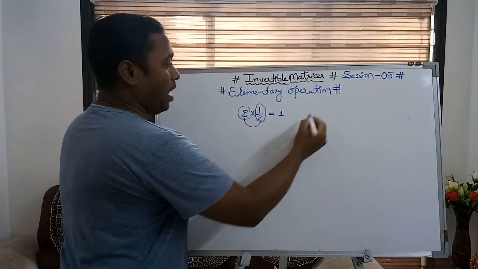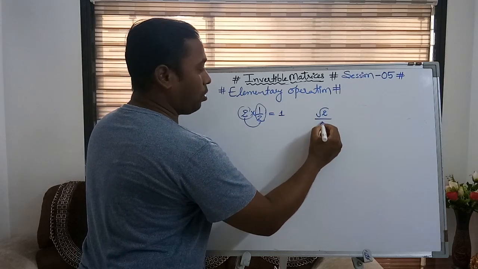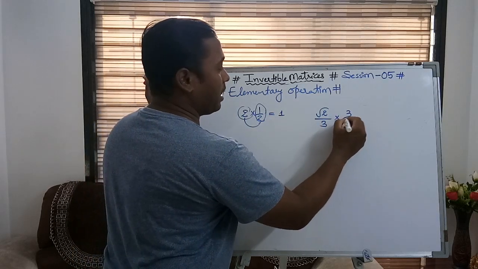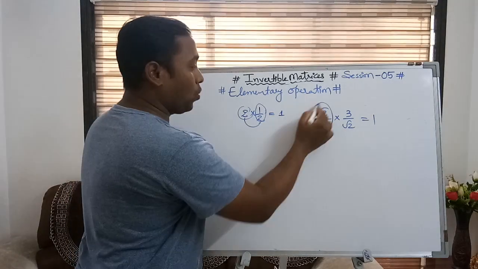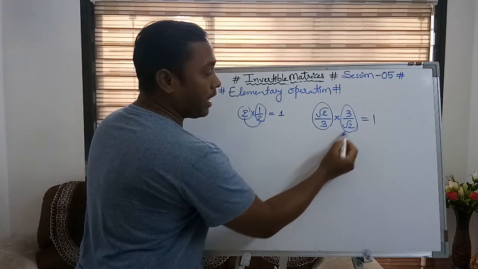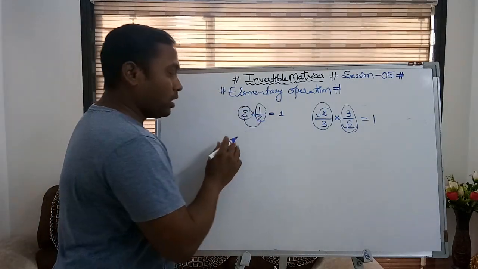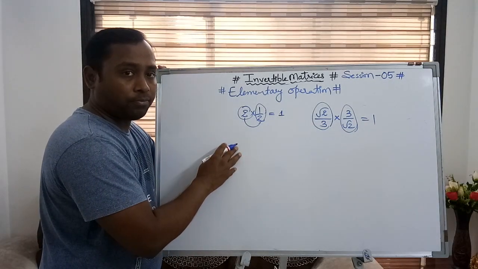In a similar way, if I ask what is the multiplicative inverse of root 2 by 3? We'll definitely say, sir, just by multiplying by 3 by root 2 you will get 1. Hence root 2 by 3 and 3 by root 2 are called multiplicative inverses of each other. So my question is, does every real number possess a multiplicative inverse?